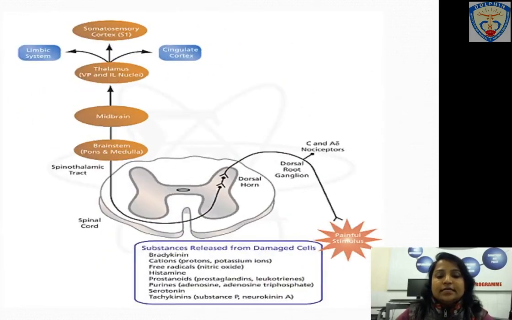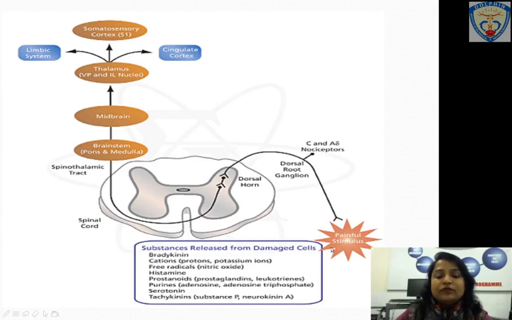So you can see this is the site of the pain, or the painful stimulus is created here. And when there is a painful stimulus, you can see the various substances which are released by the damaged cells. They are bradykinin, cations, free radicals, histamine, prostanoids, purines, serotonin and tachykinins.